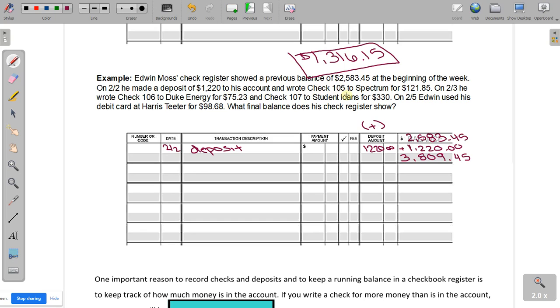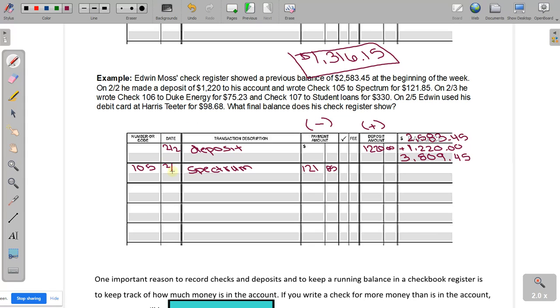He wrote a check, which the number was 105, to Spectrum for $121.85. So this is a payment. So we're going to subtract it out, and it was on the same day.